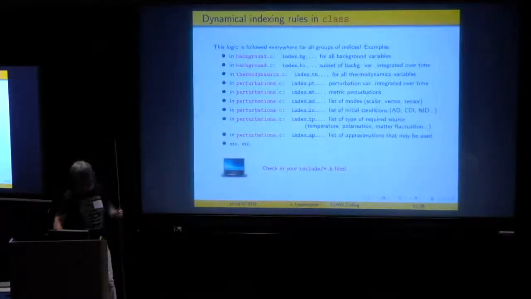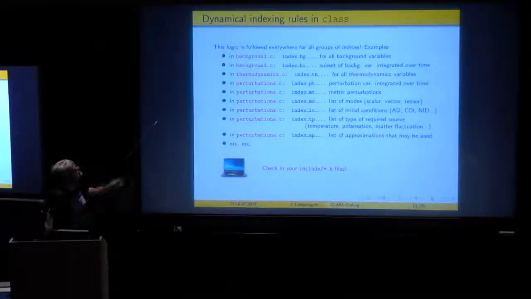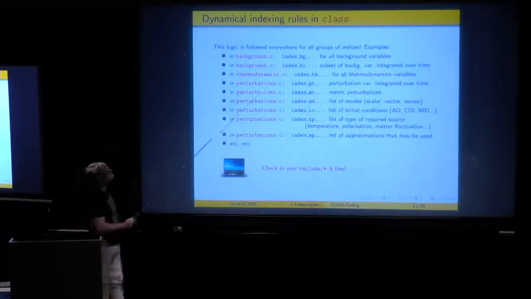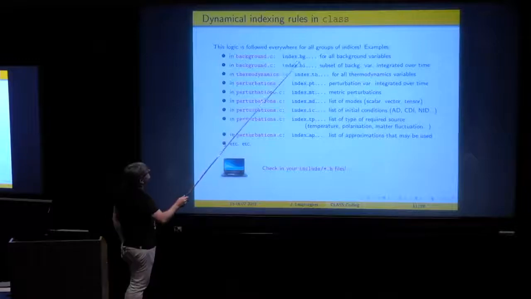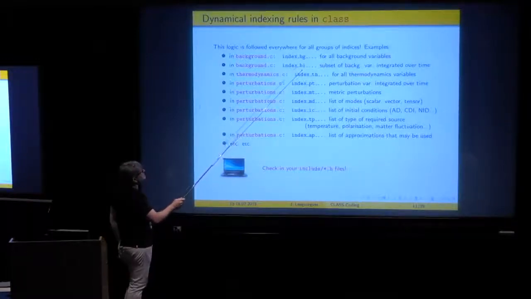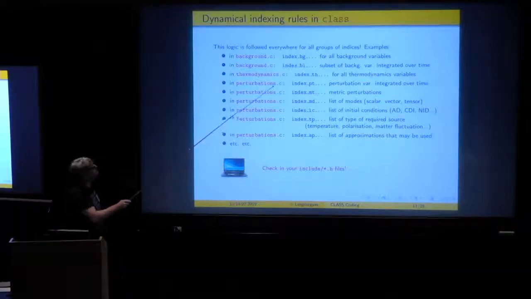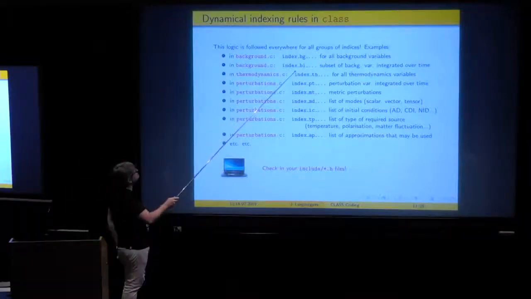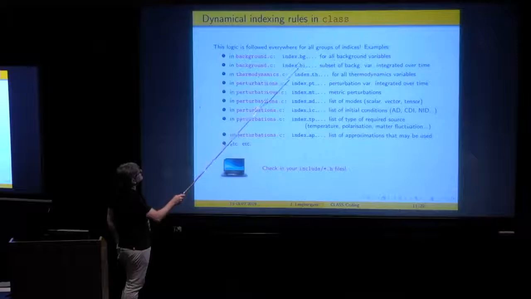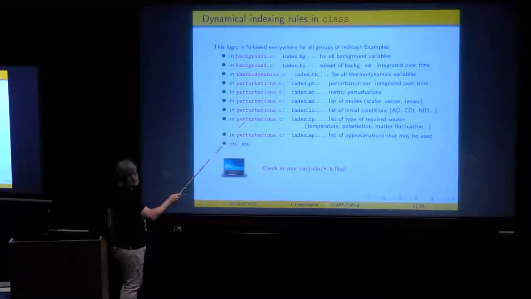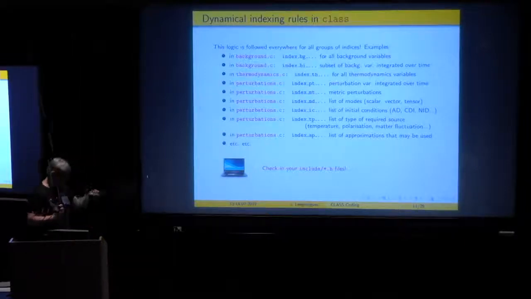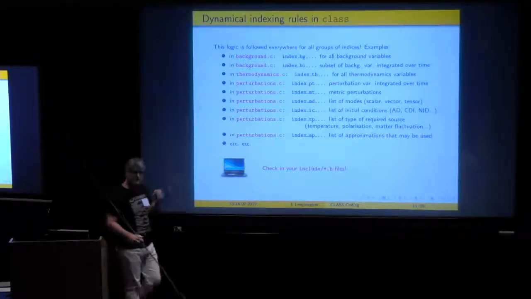Okay, so I give you a few examples of this list of indices. In background.c, we have just seen the index of the table of background quantities. There is also an index which is not used in the output, to answer specifically your question. It's the index BI. BI means background integration. So at some point, we need to integrate differential equations.